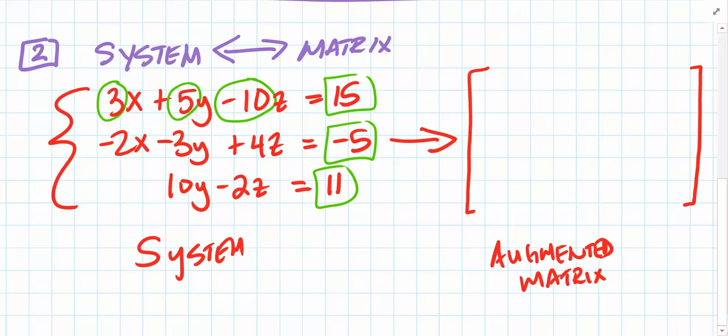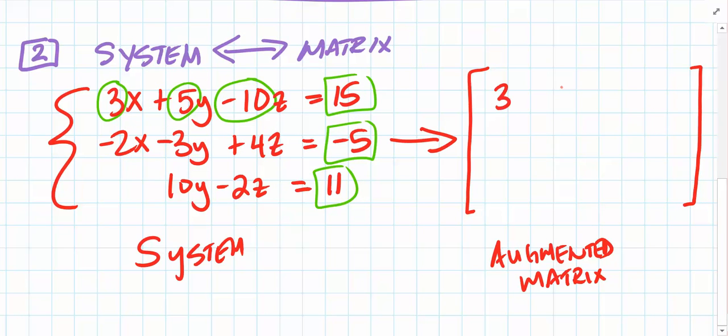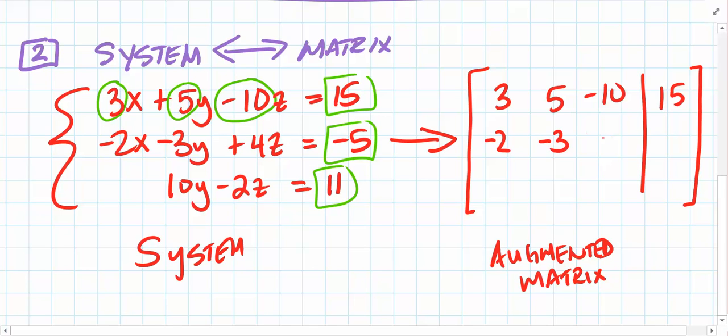So this matrix would consist of a 3, a 5, a negative 10, and then we draw a line down the middle that doesn't go beyond the bars, and then we have a 15. So there's still that same separation of the equal sign for constants and coefficients in the system as in the matrix. So what would the second line of a rectangular array of numbers be? Negative 2, negative 3, 4, and negative 5.